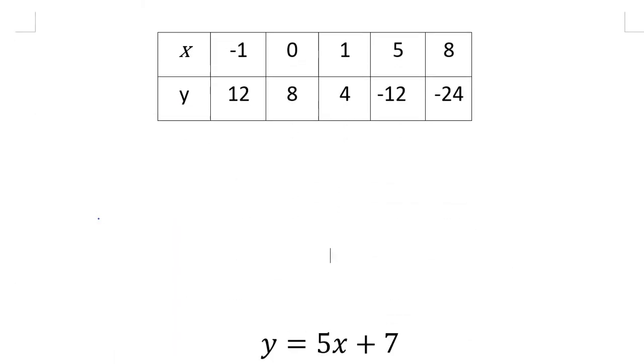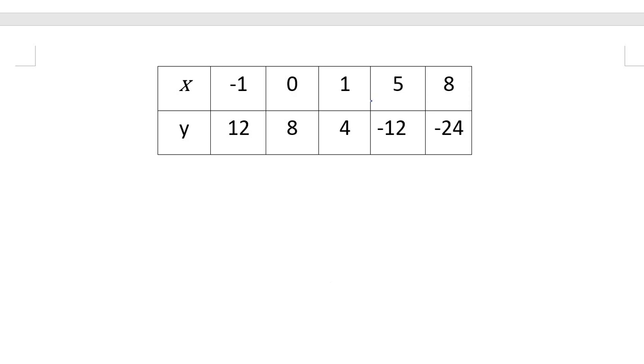Let's have a look at this example where I've given you a table of values. I'm going to ask you what the y-intercept is. Remember, each one of these pairs is an x-coordinate and a y-coordinate, so that first one I could write as -1, 12. But I'm asked what the y-intercept is.